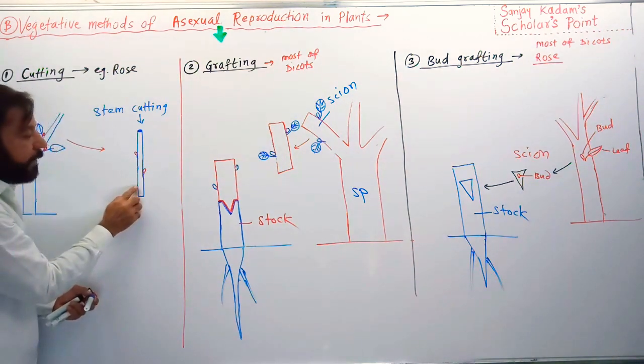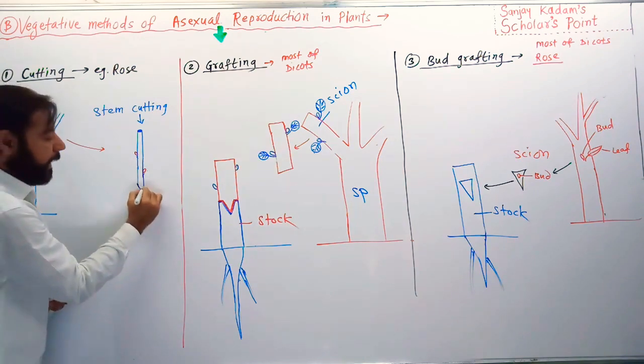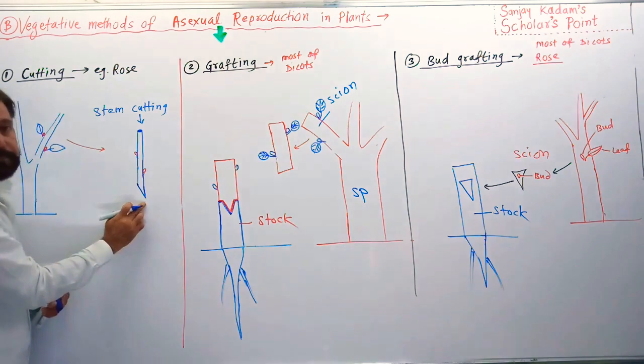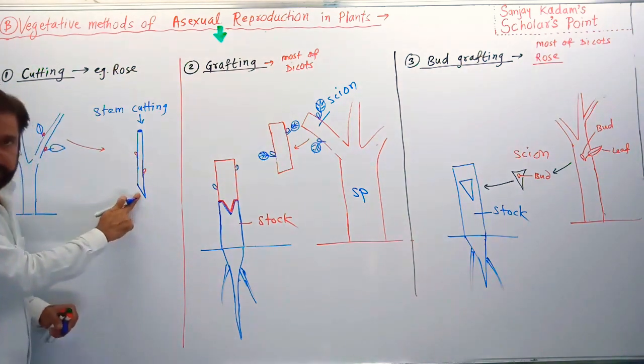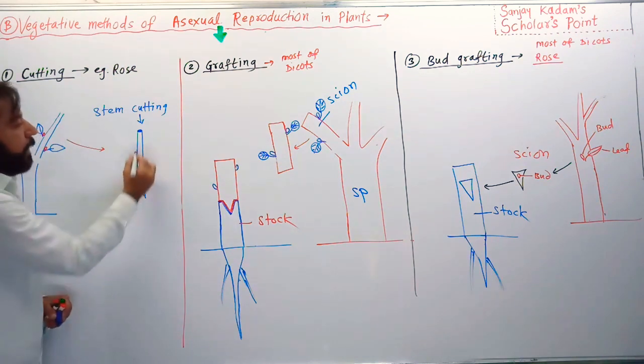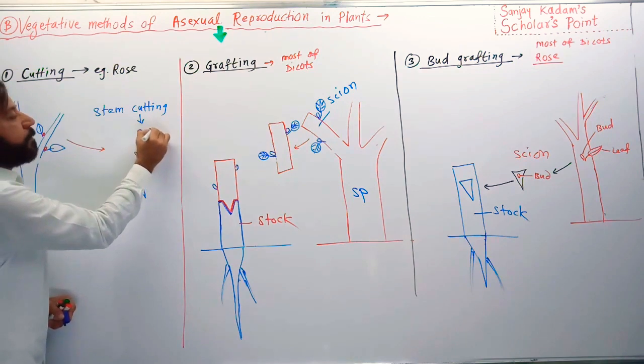Here at lower end an oblique cut is taken in such a manner so as to provide more space for rooting, and upper end must be sealed with wax.